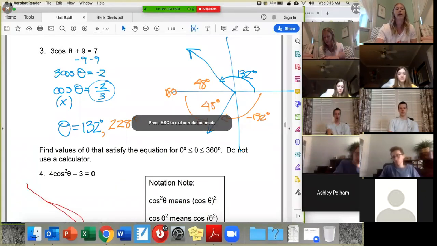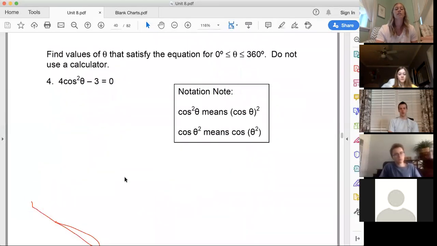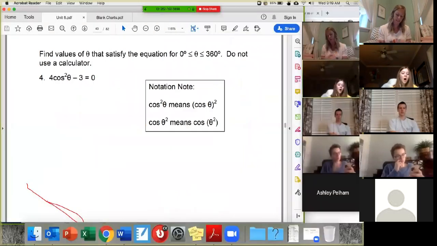All right, so now how does the chart tie together with this? Well, in questions like 3, we get a cosine value like negative 2/3 that we don't see in our chart. However, when I get a question like 4 and I go and solve question 4, let's see what happens. So 4 has an additional 2 things to it.